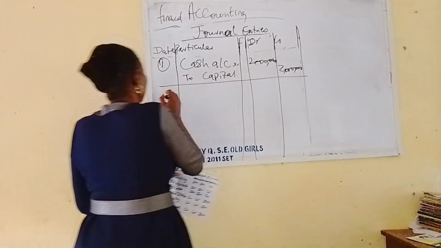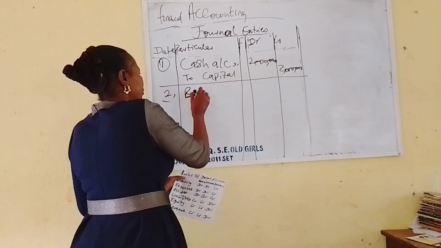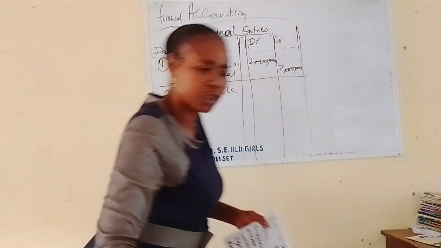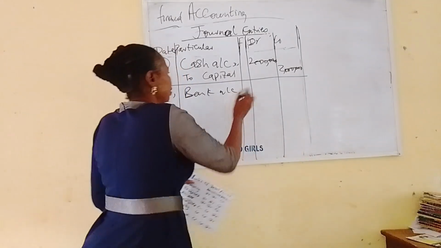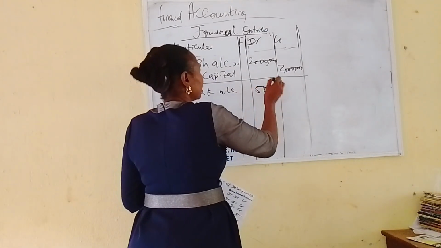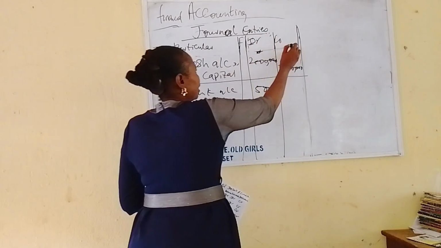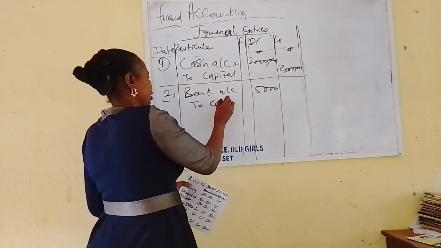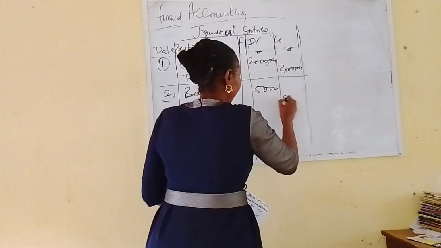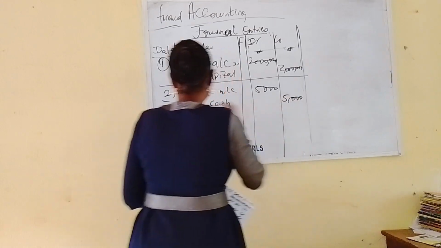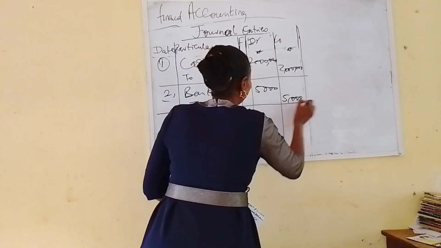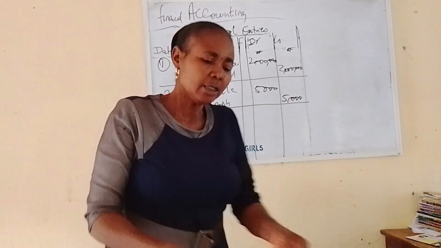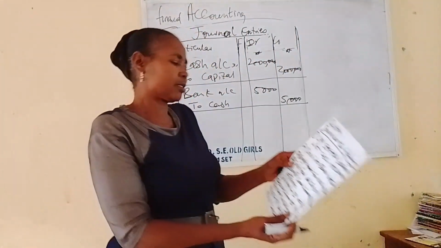Number 2, bank account, 5,000 naira. Write your naira sign here. Then to cash, 5,000 naira. You draw your line. Make your work very neat. Then go to the next transaction.